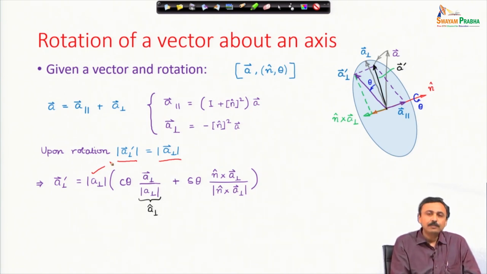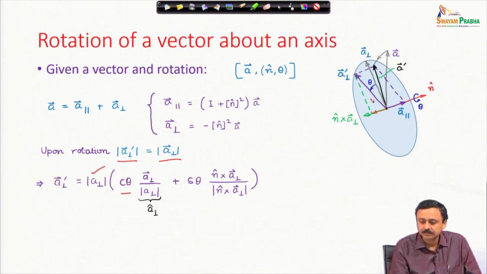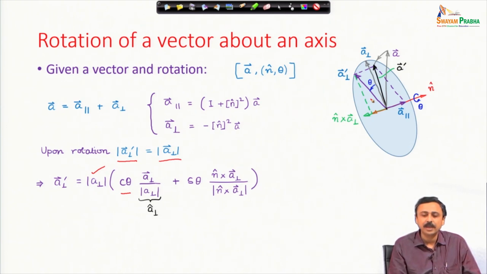To this I must multiply a unit vector in the direction of A perpendicular prime. How do I find this unit vector? I have marked theta here. A perpendicular prime makes an angle theta with A perpendicular, because the rotation was theta. So the angle between A perpendicular and A perpendicular prime must be theta.